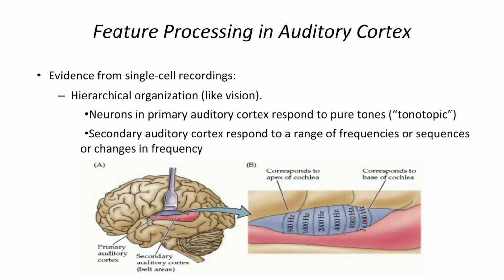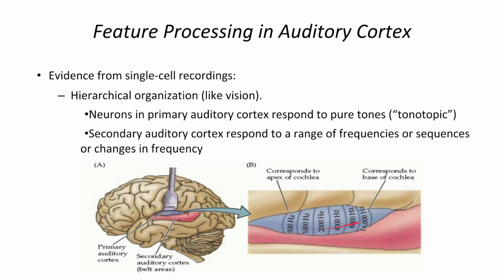So at the most posterior part of the primary auditory cortex, we have responses to the base of the cochlea, or higher frequencies, and then moving anterior, we find that the primary auditory cortex responds more to the apex of the cochlea, or lower frequencies. In other words, again, like the cochlea, if you were to go in here with a microstimulator, you could essentially play the auditory cortex like a piano.